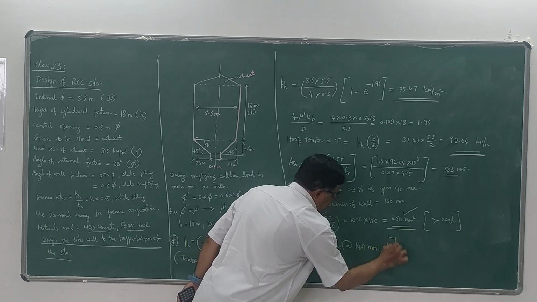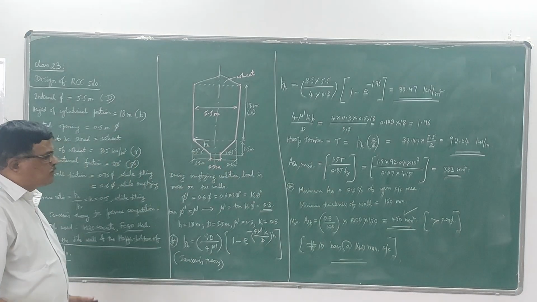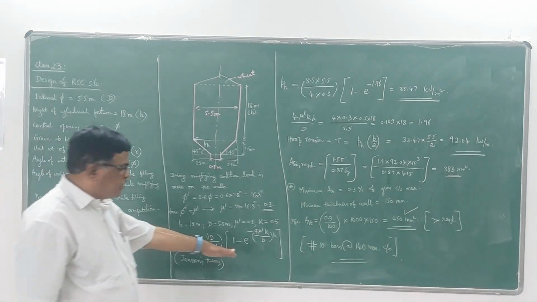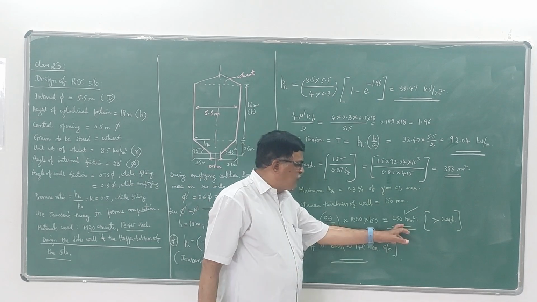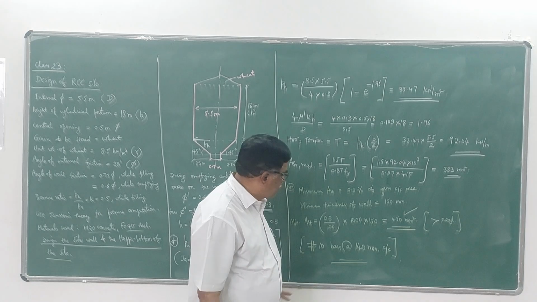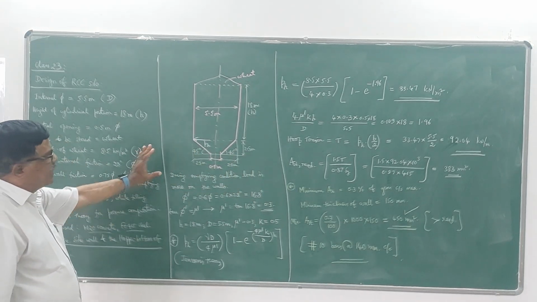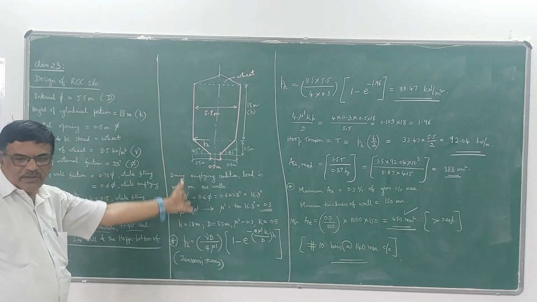This you can check. So you know how to calculate the spacing by assuming the diameter of the bar. Because the reinforcement is very small, you can go for a 10 mm diameter bar. So this is the reinforcement that is required in the wall.